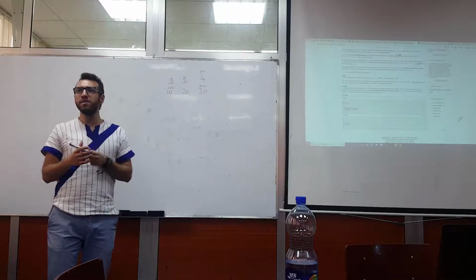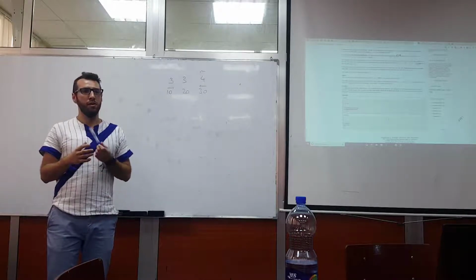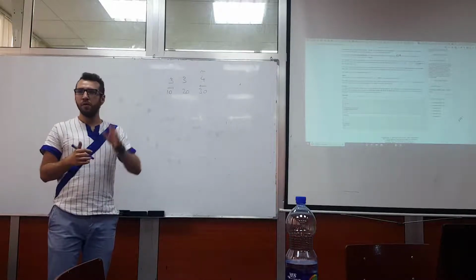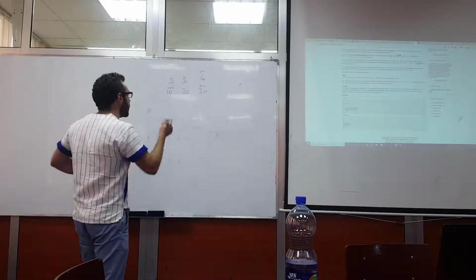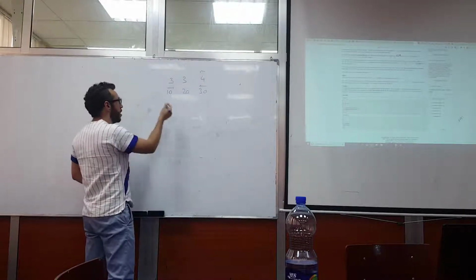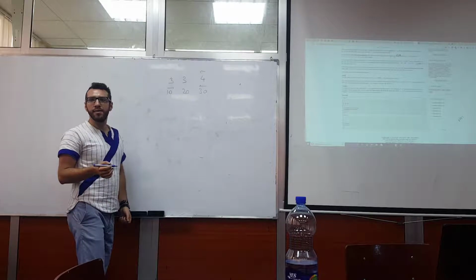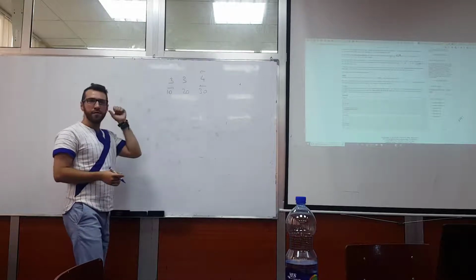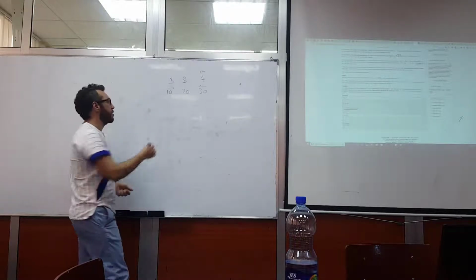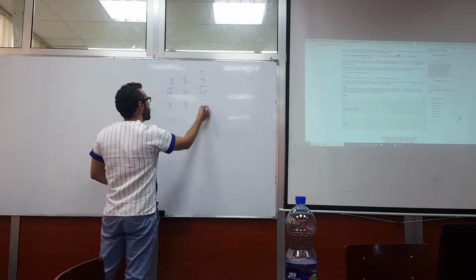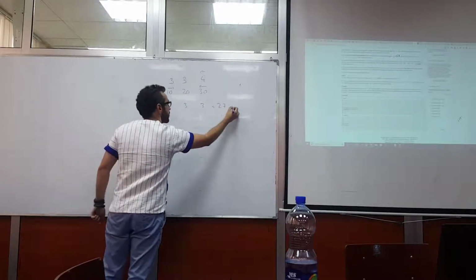What is the total number of possible moves? 27, right? Basically for each guy, we have 3 different states. It can either go to the left, stay in the same location, or go to the right. 3 times 3 times 3. So we have 27 different cases.